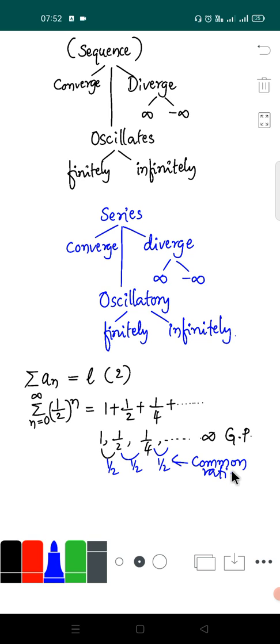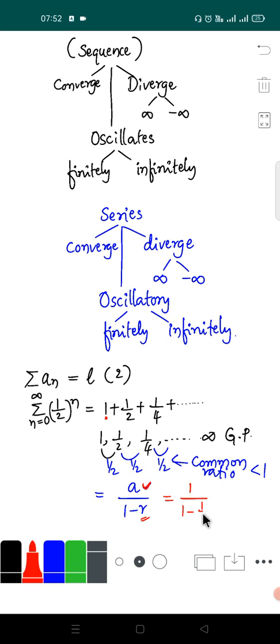If the common ratio is less than 1, then the sum of the infinite GP is a/(1 minus r), where a is the initial term and r is the common ratio. Here a is 1, so it is 1/(1 minus half), which is 1/(half), so it is 2.